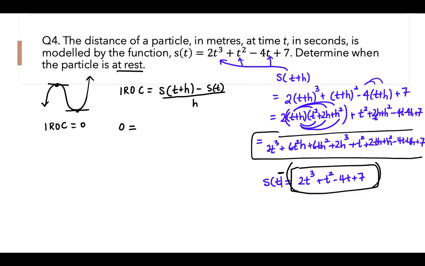Once you apply that, you get 6T squared H plus 6TH squared plus 2H cubed plus 2TH plus H squared minus 4H, over H. For this case, because it's a polynomial, don't forget to write H approaching 0.